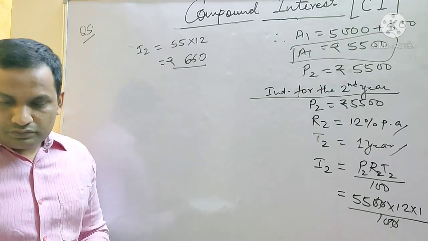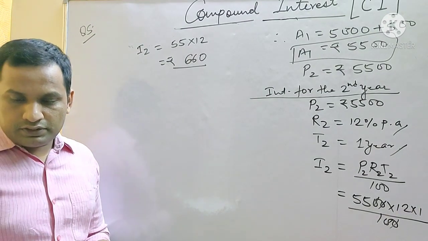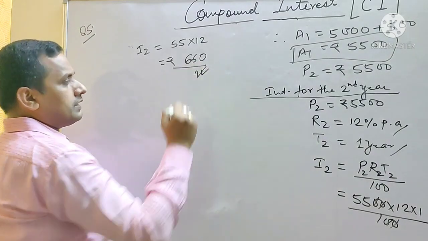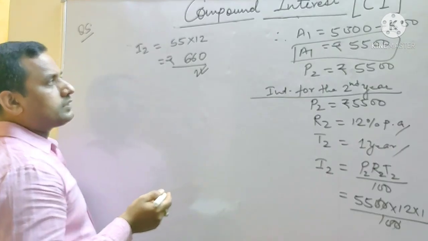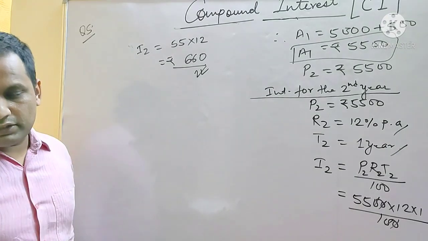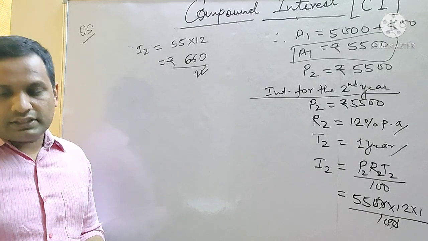Now we have the interest of the first year and the interest of the second year. Interest of the first year was 500 and interest of the second year is 660.